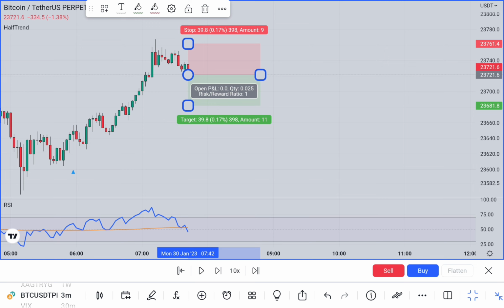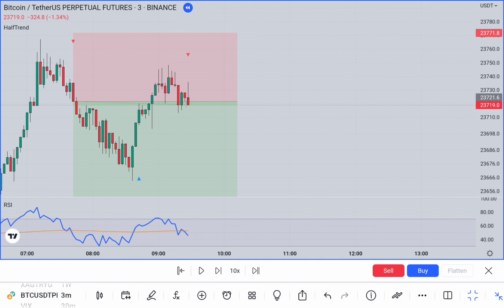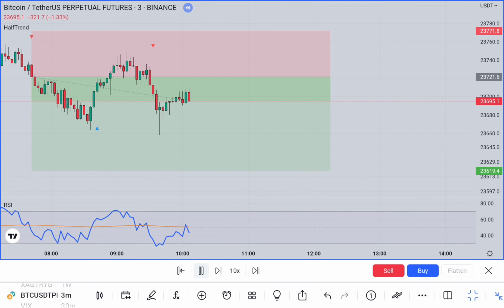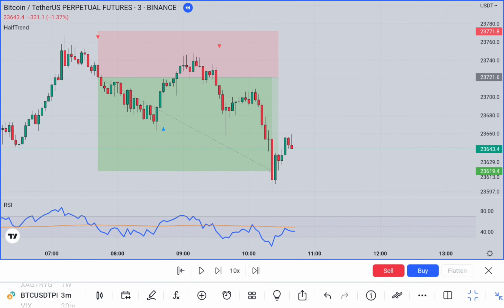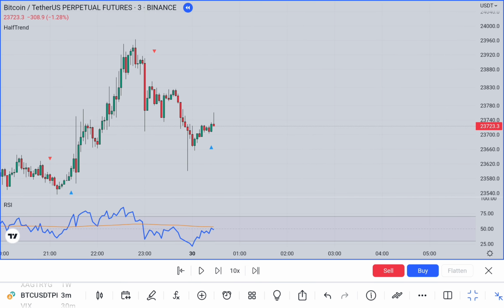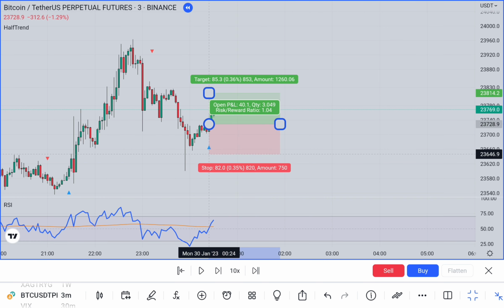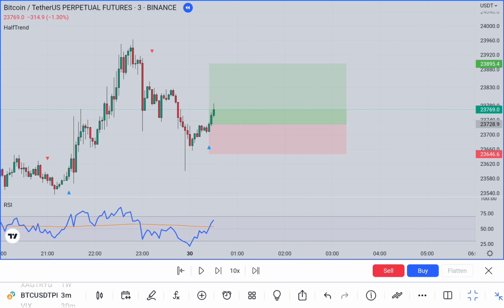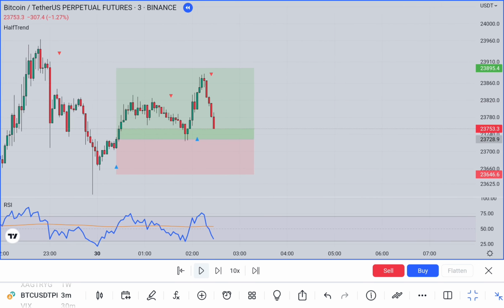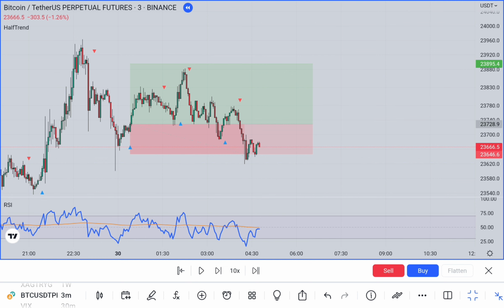Now I won't make the video too long by showing a few more examples. As you can see, this trade returned just as it was about to hit the target, and the trade closed with a loss.